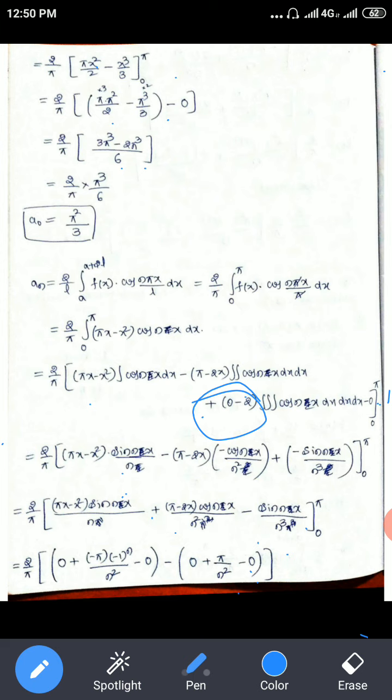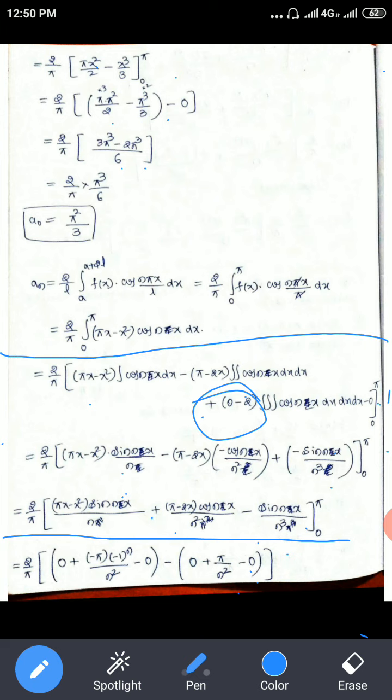Plus minus minus 2 I have to write here: minus sin nx divided by n cube. So please open this bracket. Everything till here is correct, only this term is missed.